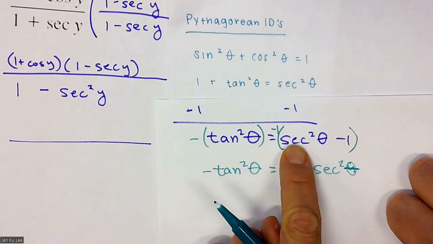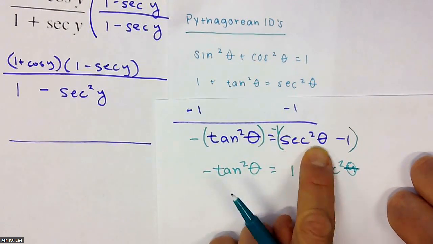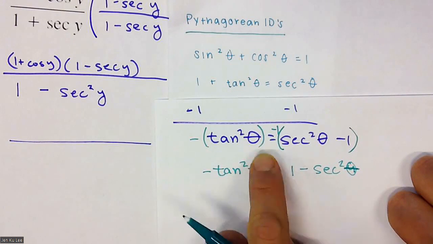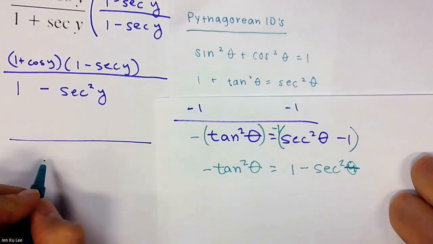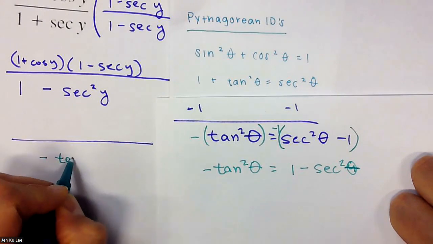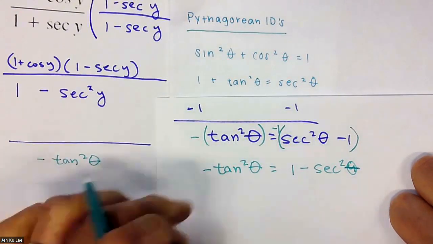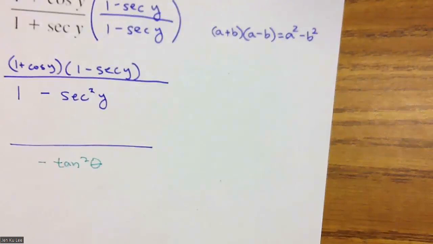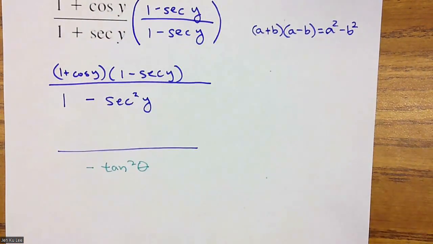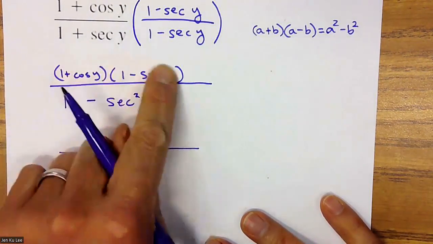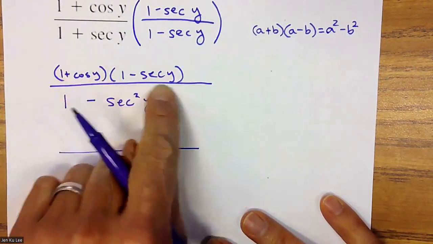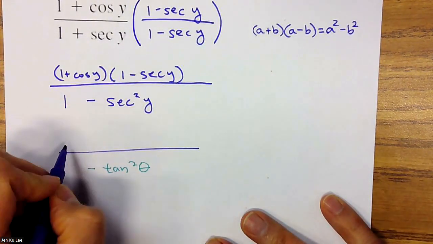Because a negative makes the positive secant squared a negative secant squared. Negative times a negative is a positive. So I do have this. This breaks out to be negative tangent squared theta. Correct? Okay. Now I'm going to distribute out or FOIL this out and see what I can do from here.